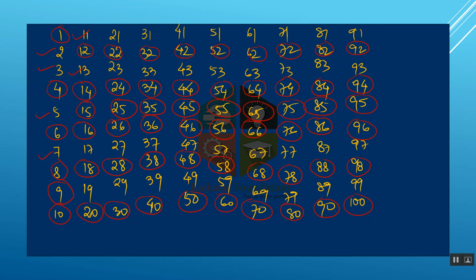Now multiples of 3: 9, then 15, then 21, then 27, then 33, then 39, and 45 is already circled, and 51, and 57, and 63, and thereafter 69, and 75 is already circled, then 81, and 87, and 93, and 99.